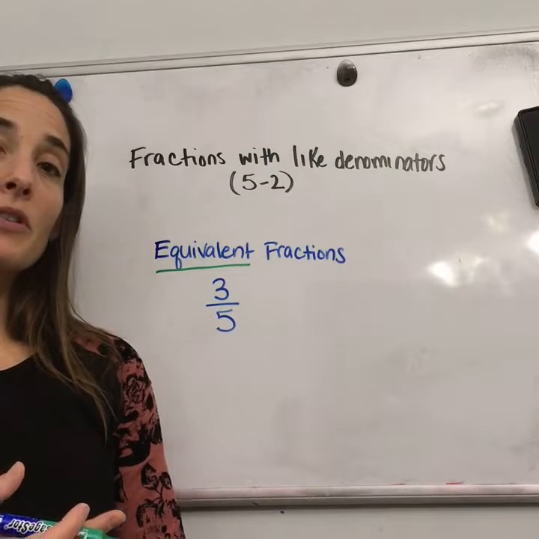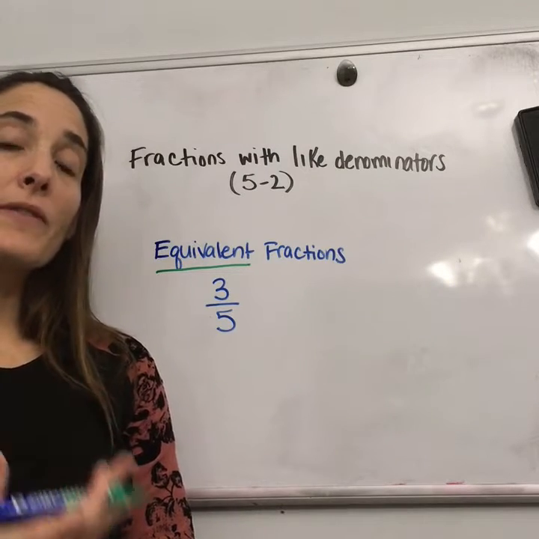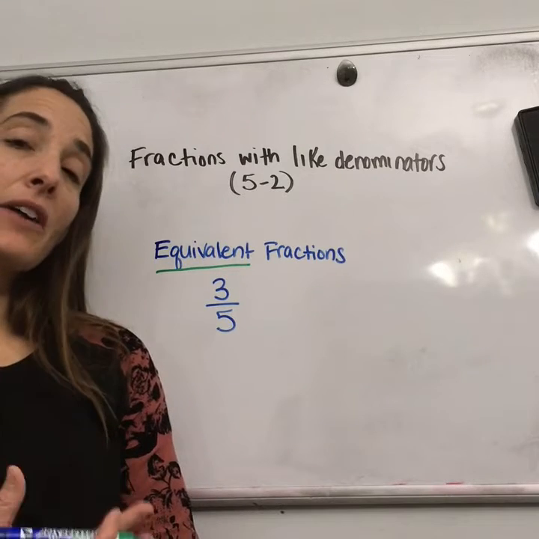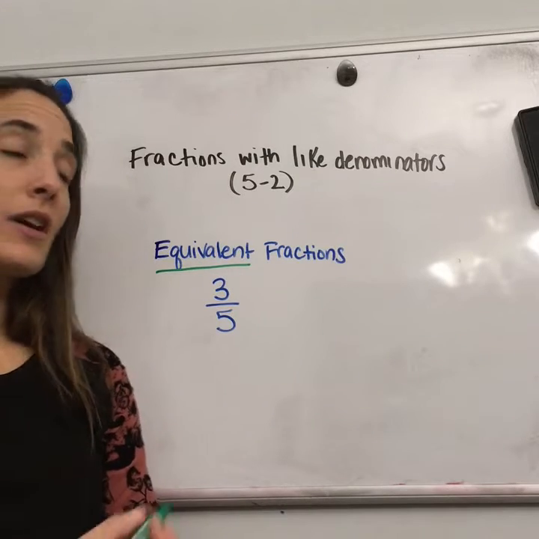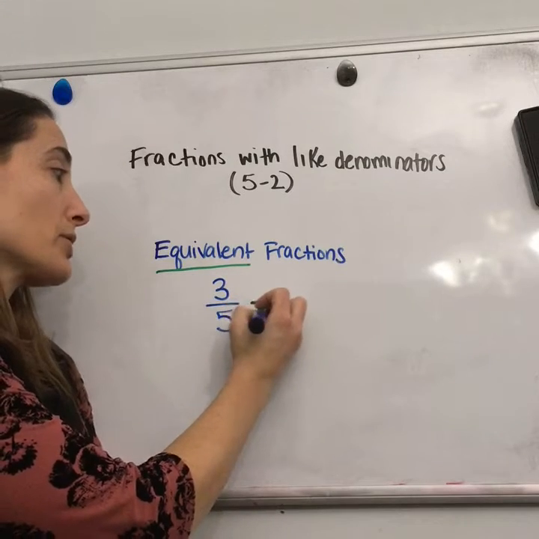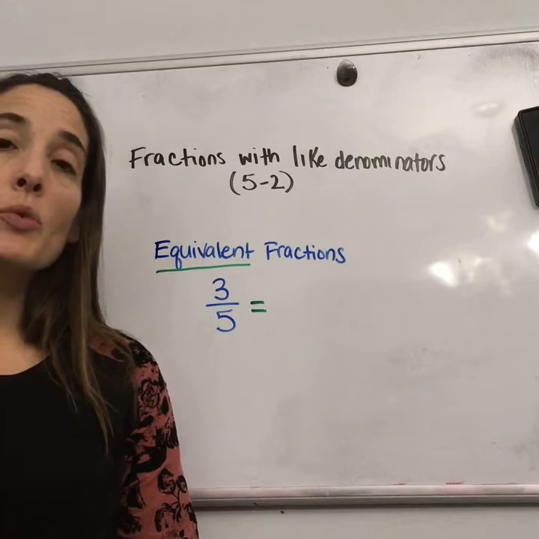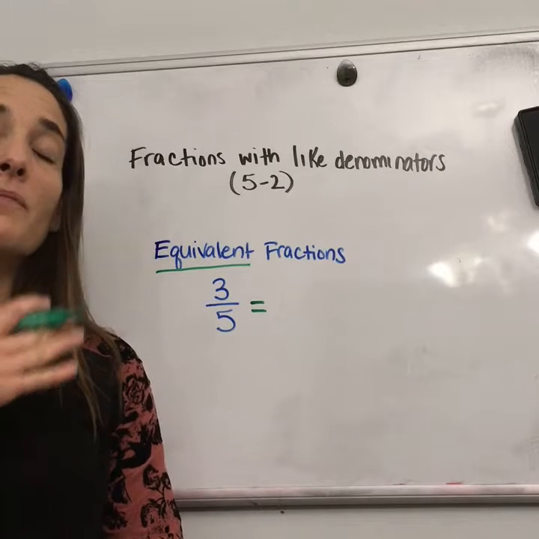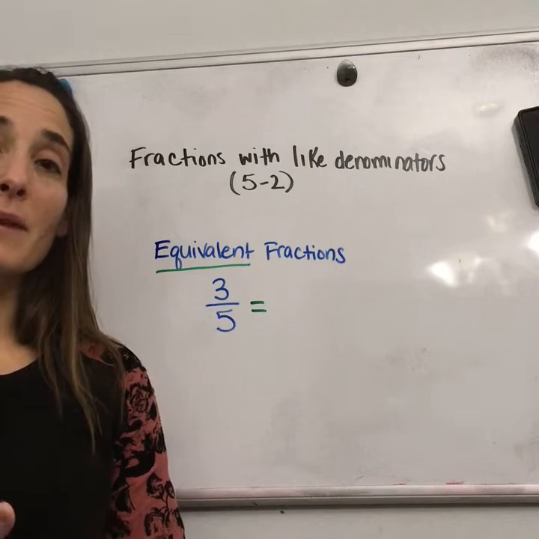So for example, I have the fraction 3/5. To find an equivalent fraction, as long as the fraction has the same value, it's going to be the same. And we talked last chapter about how we can make equivalent fractions. We can multiply by any number we want as long as we multiply the numerator and the denominator by the same number.